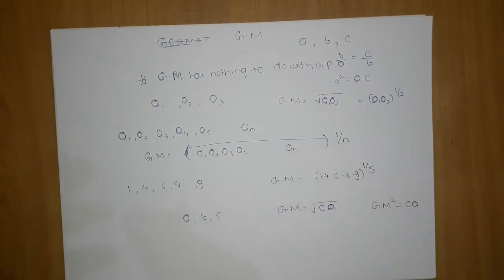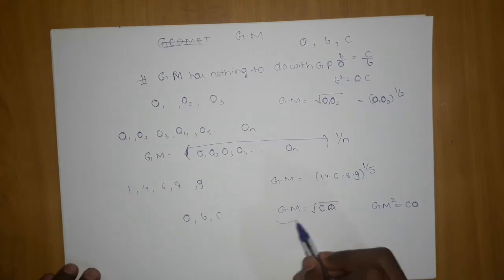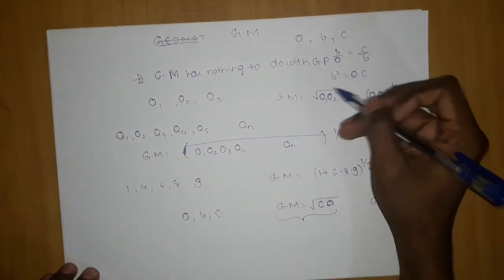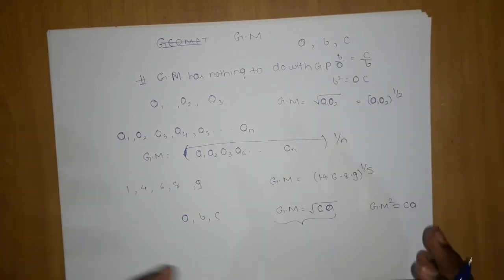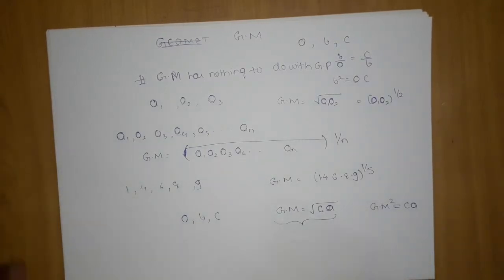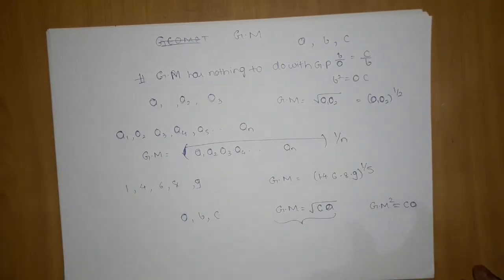So this means B square equals CA. In three terms, it is similar to this condition. That's why in our previous lecture I was telling that it is similar to GM. In three terms, the GM condition is similar to the GP condition, so don't get confused.